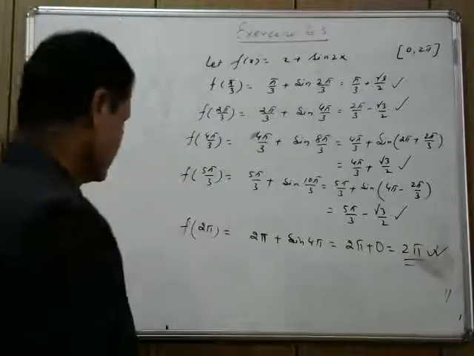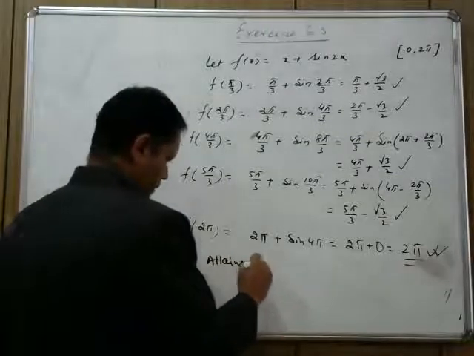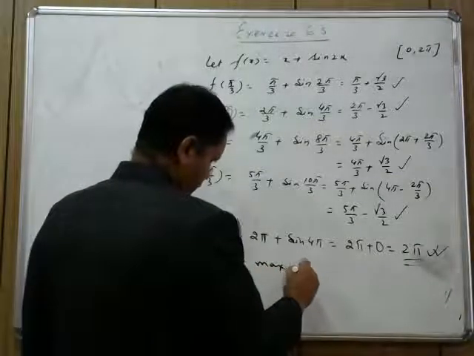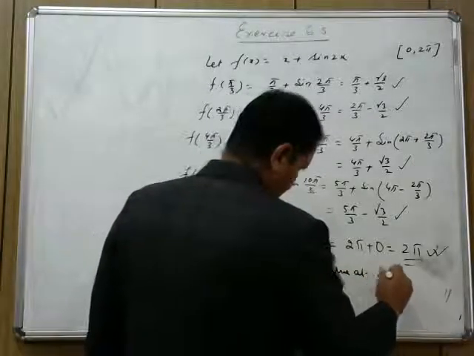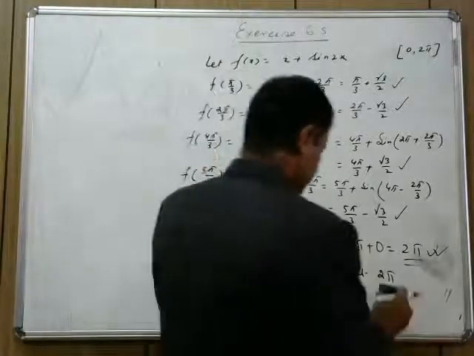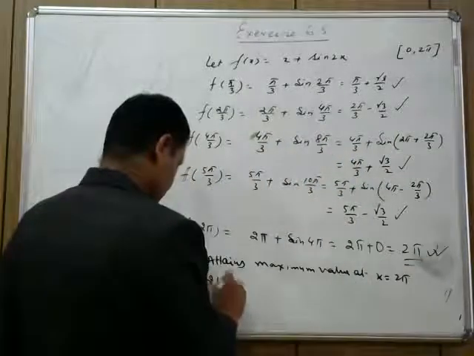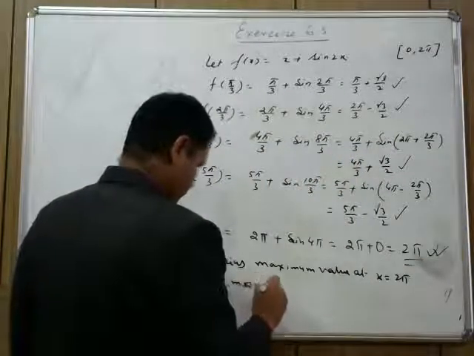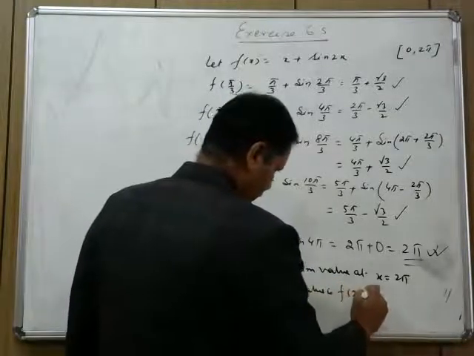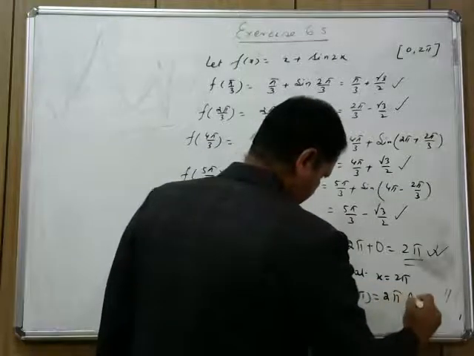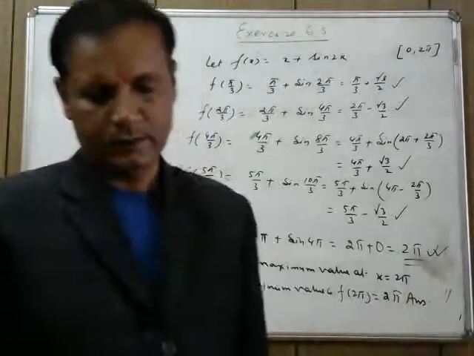Okay, therefore the given function attains maximum value at x is equal to 2 pi, and its maximum value is f of 2 pi is equal to 2 pi, isn't it?